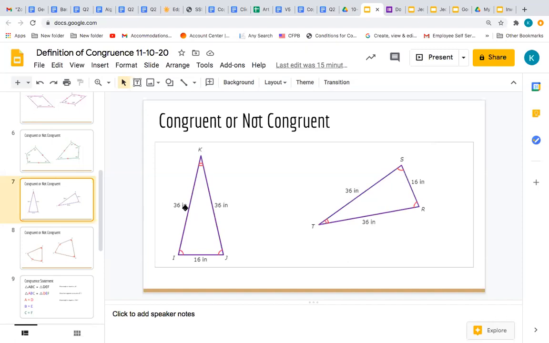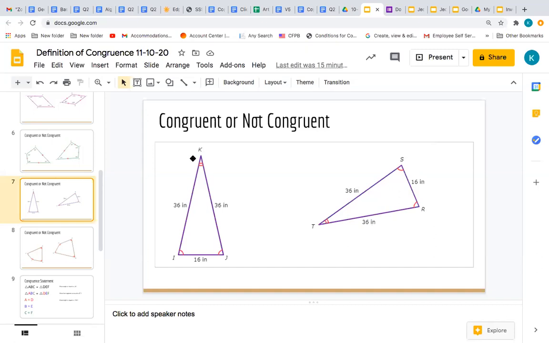Now we have those two triangles, and see if they are congruent. And we have the same thing. And here, there's an extra thing over here. Look at this. This is 1 bar, this is 1 bar. That means these two angles are congruent. So therefore, these two angles are congruent.